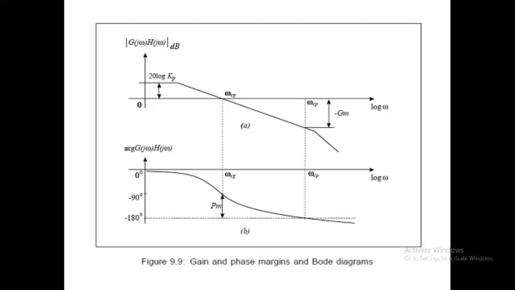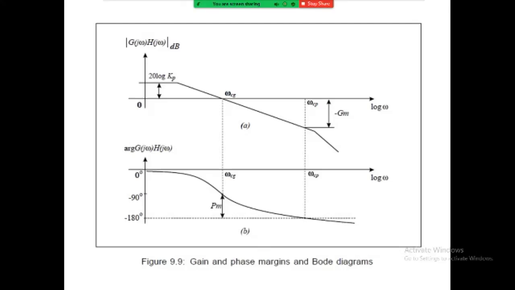G of j omega in decibel is equal to minus 20 log of (1 plus (omega by p) squared) to the power 1 by 2 to the base 10, and argument of G of j omega is equal to minus tan inverse of omega by p.